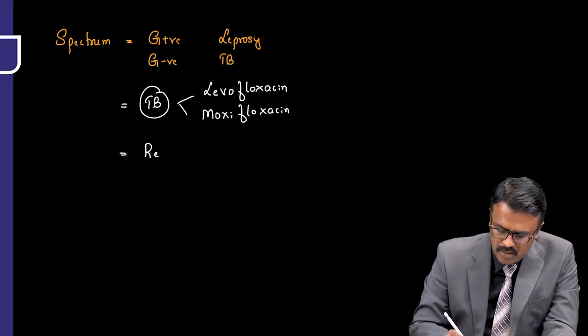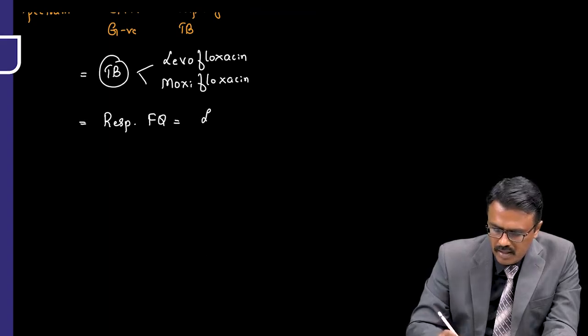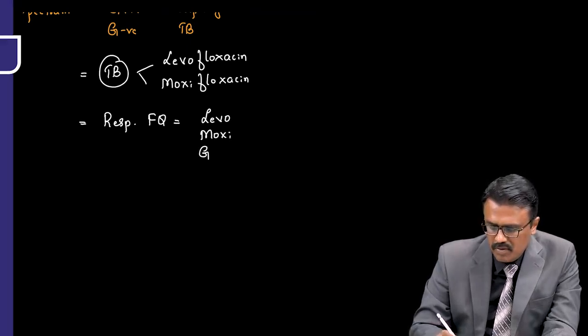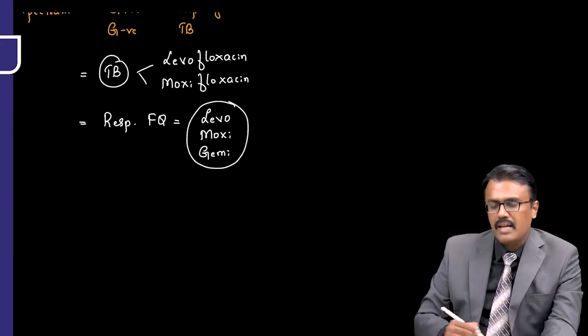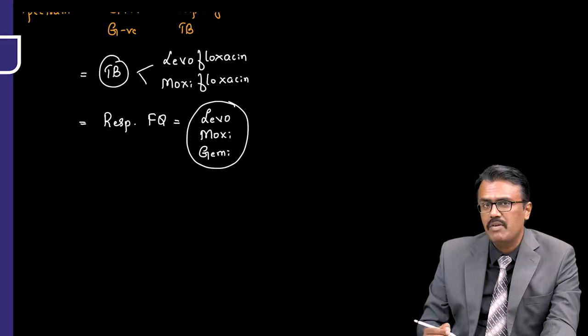They can also ask what are respiratory fluoroquinolones. Respiratory fluoroquinolones, FQ means fluoroquinolone, are levo, moxi, and one more is gemifloxacin. So these are called respiratory fluoroquinolones. Let me repeat them: levo, moxi, and gemifloxacin.